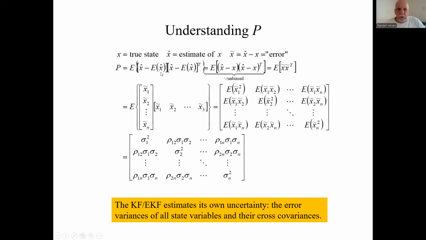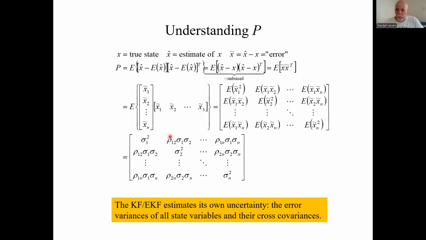Before I totally end this video, let me talk about the P matrix. This is what P means. It's kind of hard to understand. What it ultimately is, is the filter's estimate of how accurate it is. Along the main diagonal of P are the variances of your state variables, or its estimate of the error variance of your state variables.